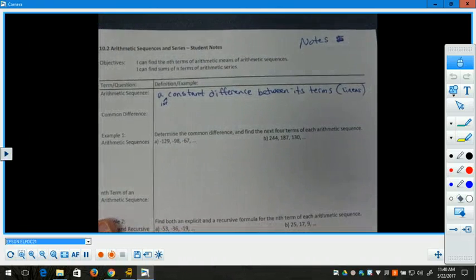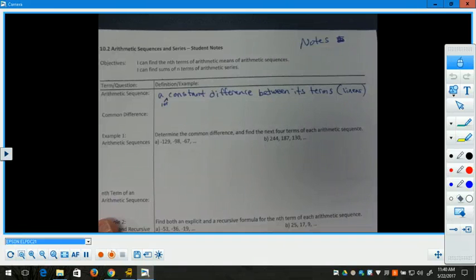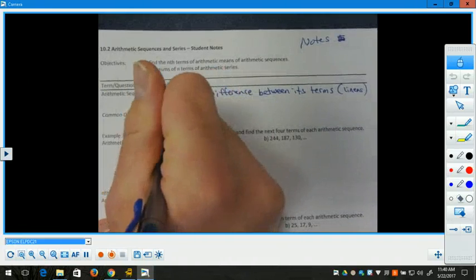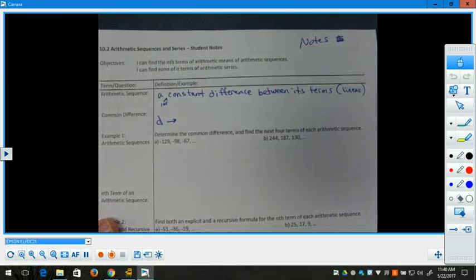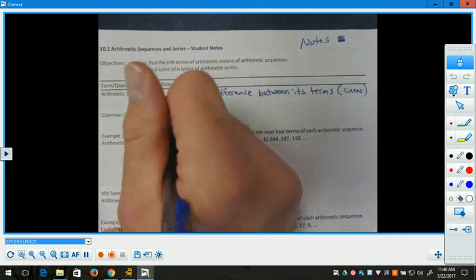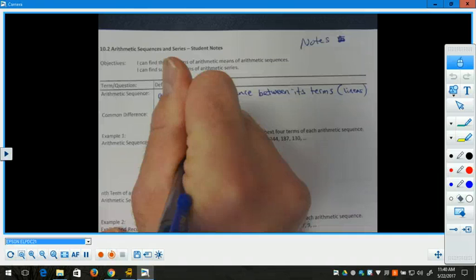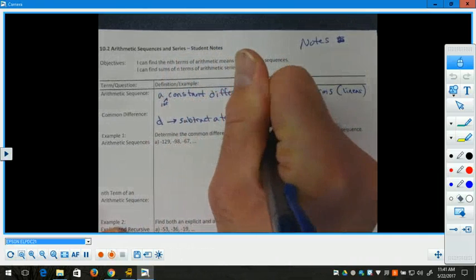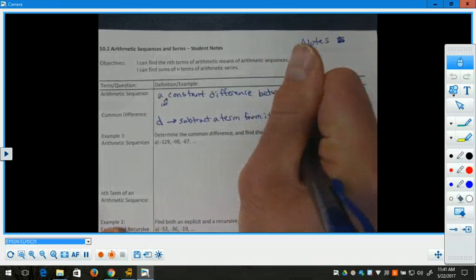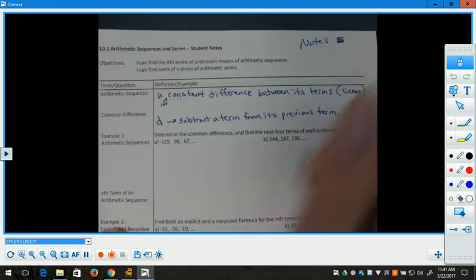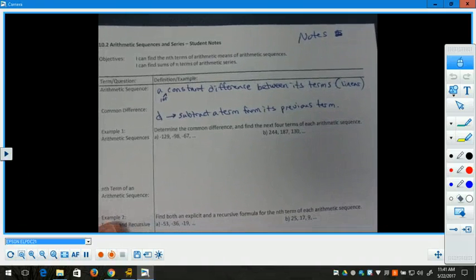It's also called the common difference. The notation for the common difference is d. To get d, subtract a term from its succeeding term or its previous term. Not the position, but the value itself.